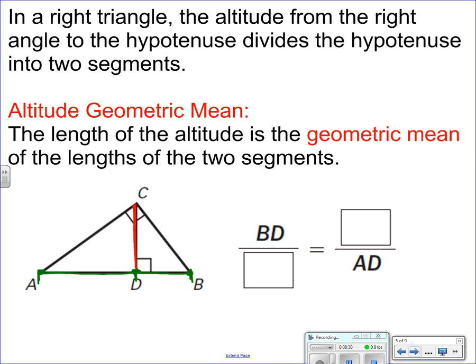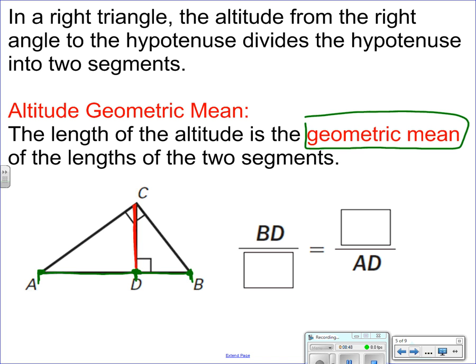So altitude geometric mean. The length of the altitude is the geometric mean. So the length of the altitude is CD. That is the geometric mean of the lengths of the 2 segments.